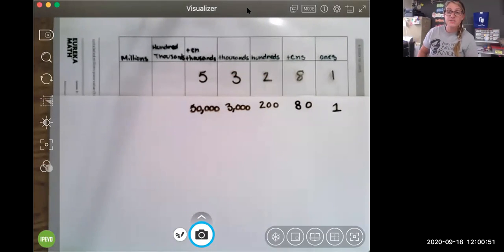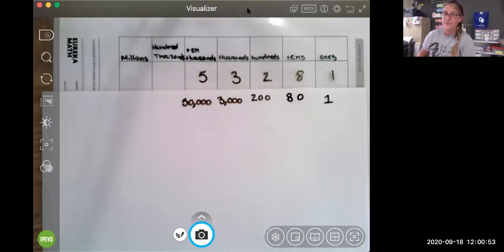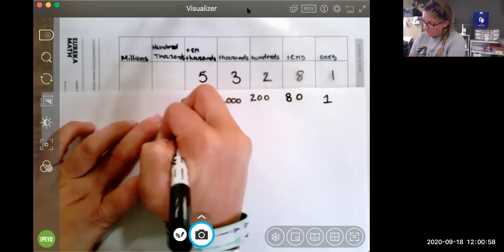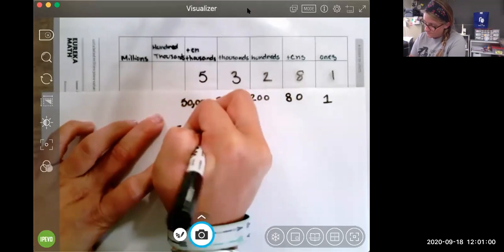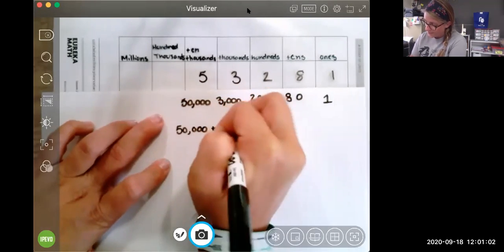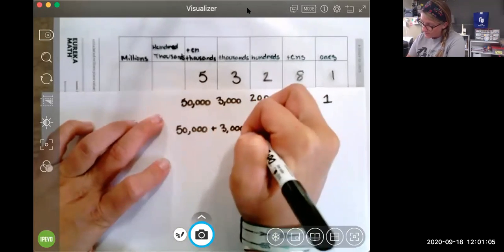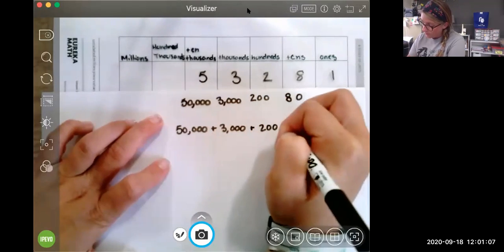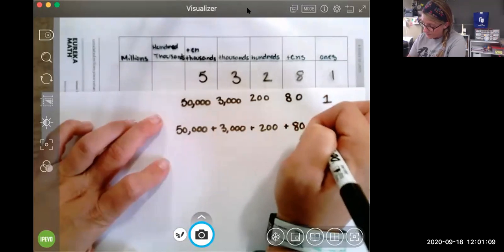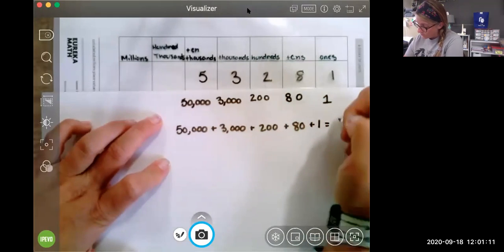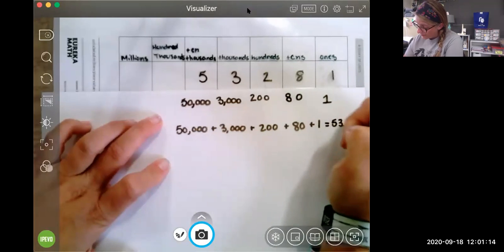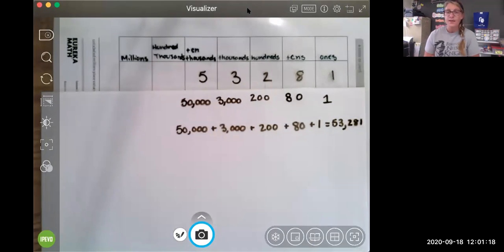When we put those numbers together, we end up with our expanded form equation. 50,000 plus 3,000 plus 200 plus 80 plus 1 is equal to 53,281. Let's go back to the video because she's now going to show us word form.